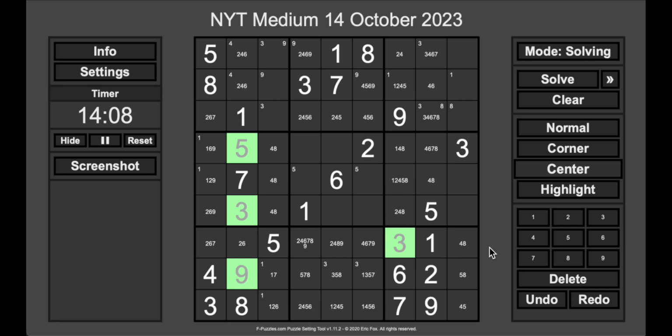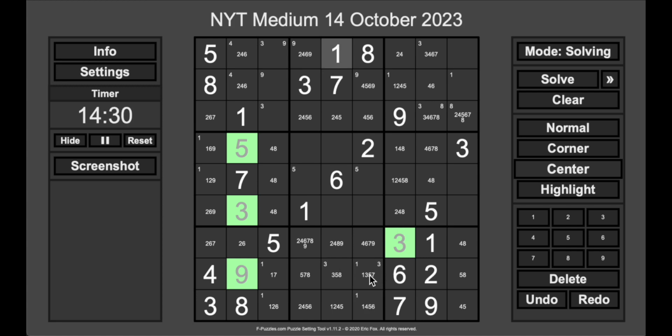Let's see. This one only gets rid of 1, 3, and 9, so that's an awful lot of digits as candidate possibilities. Let's see. Well, 1 is in one of those two, right?